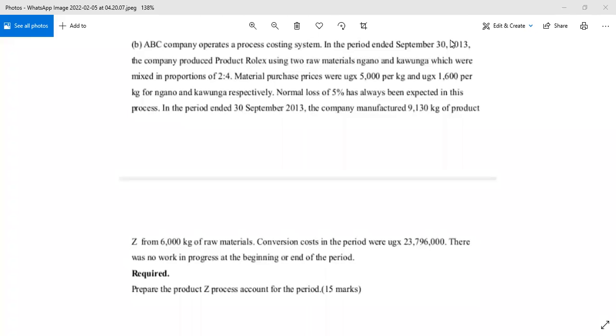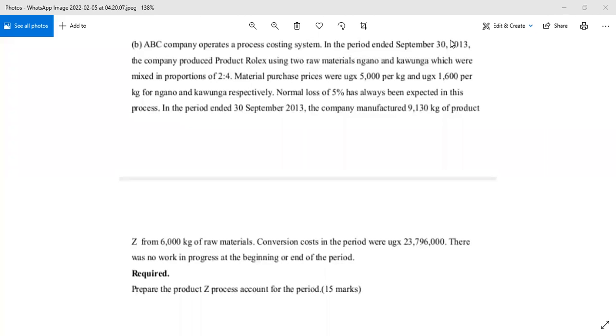Then they're saying the normal loss is estimated at 5%. You will see how we use this 5%, which has always been expected in this process.